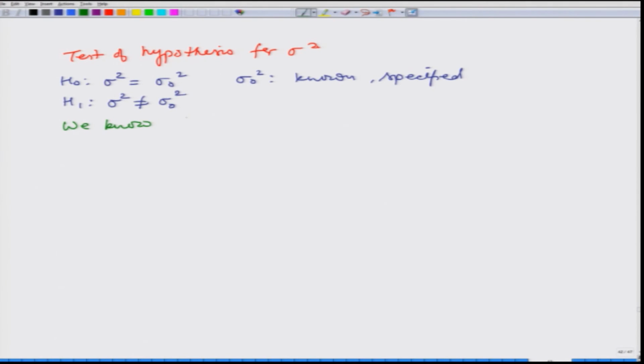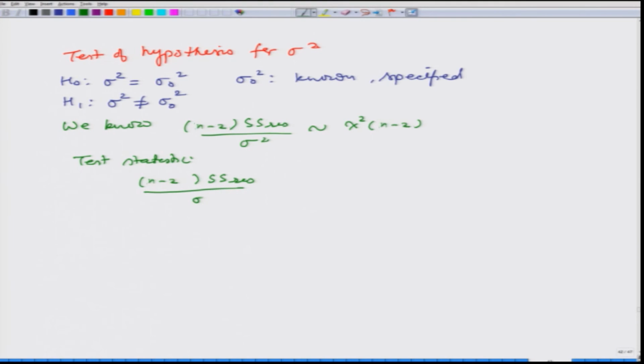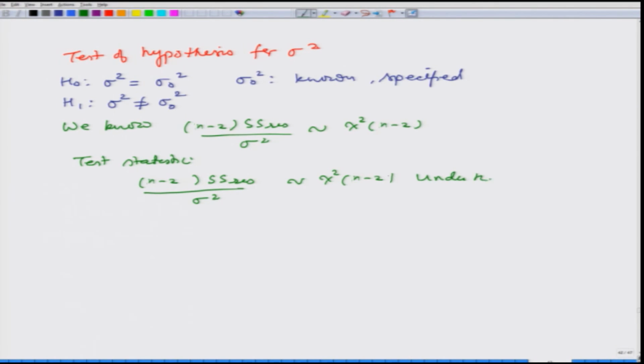where we know that (n minus 2) SS_res upon sigma square follows a chi-square distribution with n minus 2 degrees of freedom. Right. So, in this case the test statistic is defined as (n minus 2) SS_res upon sigma square, and this follows a chi-square distribution with n minus 2 degrees of freedom under H naught.